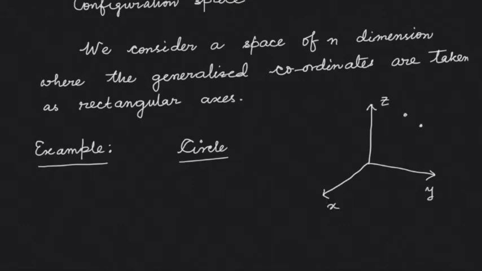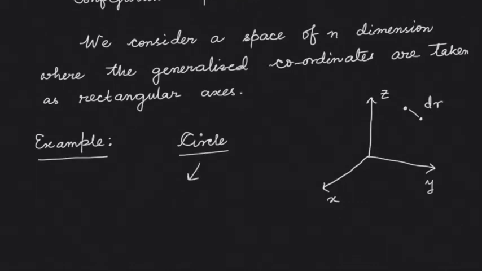We had two points which are infinitesimally separated, and the distance between these two points, if we call it dr, the metric tells you what dr is in terms of x, y, z, the coordinate system that you choose, and the space you live in. So let us consider the case of a circle, and this circle is being looked at in 2D polar coordinates. In 2D polar coordinates, if you remember, the coordinates are rho and phi.